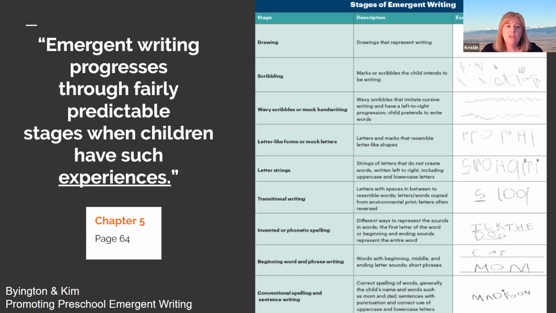And so I put the link to this article, an excellent readable article for parents and educators on emergent writing, with lots of practical tips on modeling writing and providing opportunities throughout the day, and some homeschool connections. But this is looking at the emergent writing process and how it follows fairly predictable stages with children who have experiences. And the experiences they're talking about are regular and frequent opportunities to engage in emergent writing experiences.